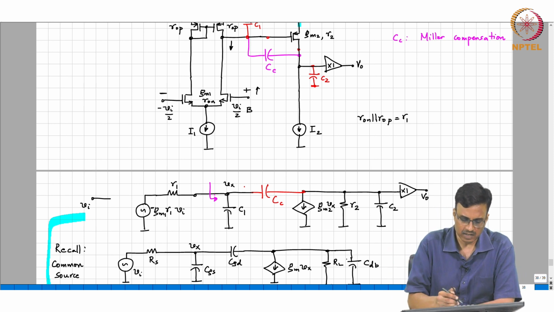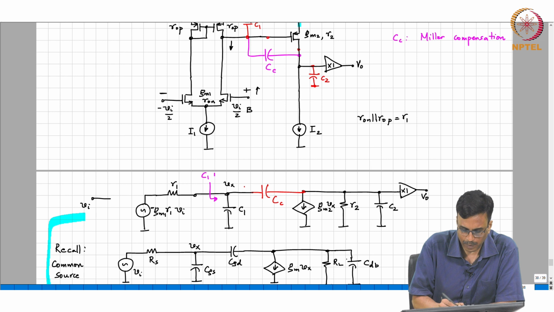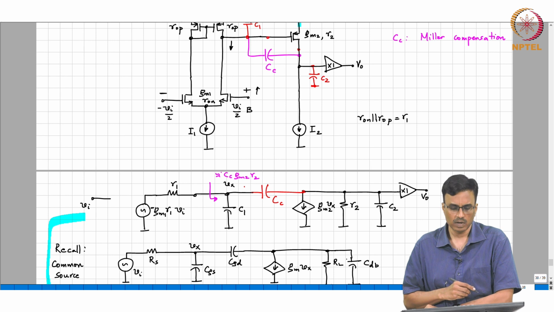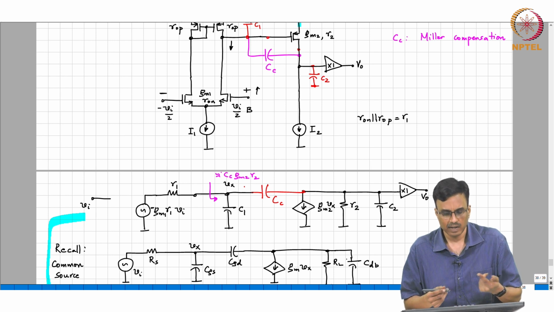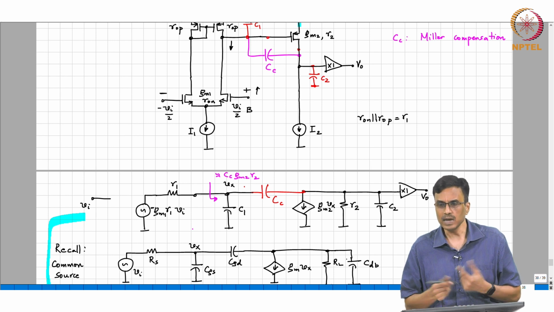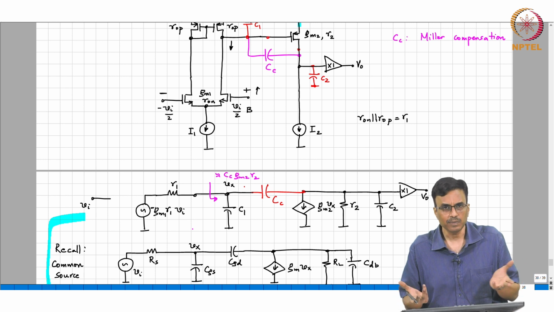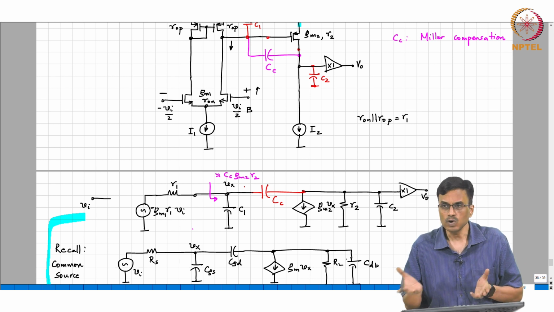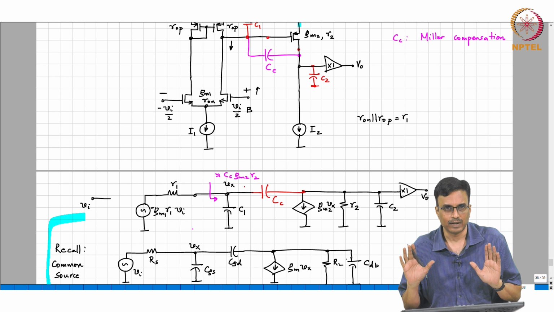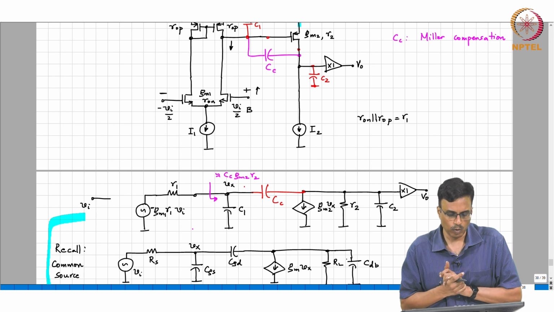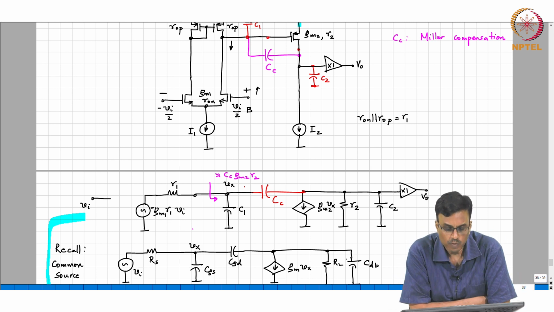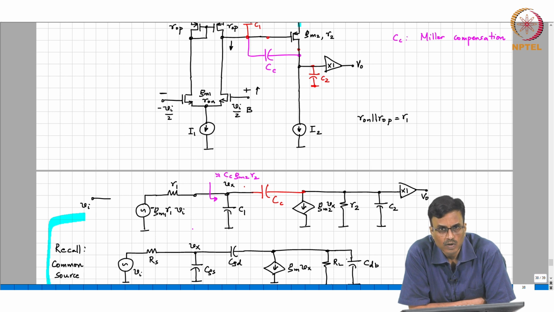So, the looking in capacitance is approximately equal to C1 plus CC times GM2 R2, which is approximately equal to CC times GM2 R2, and the resistance is R1. So, the pole at that first node is going to be 1 by R1 times CC GM2 R2. So, that makes sense. That dominant pole being 1 over R1 R2 CC GM2, that makes sense.